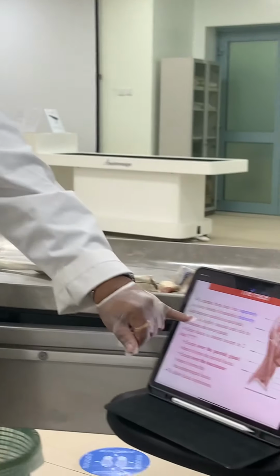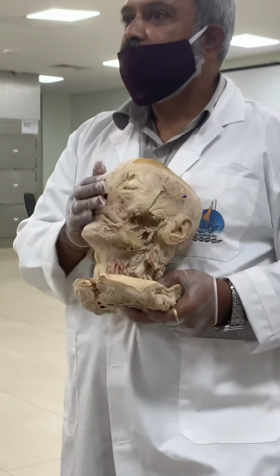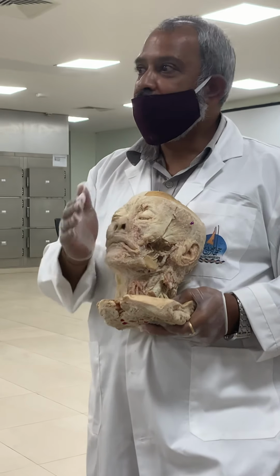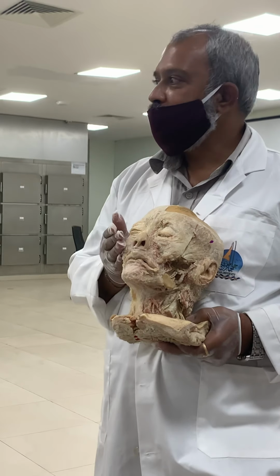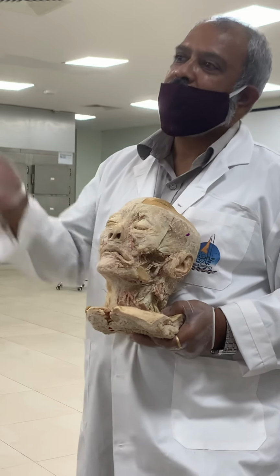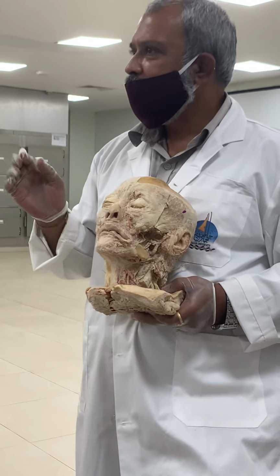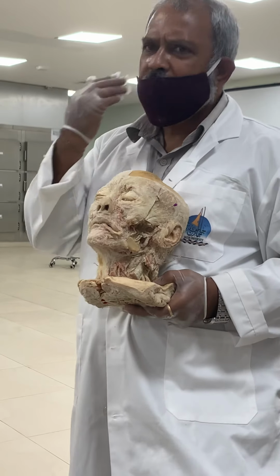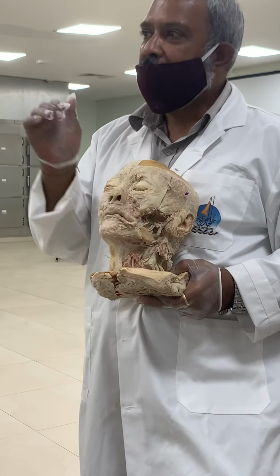Then the skin is highly vascular. The face has a very rich blood supply. So any superficial infection or cut in the face will leave no marks. If it is very deep, then you will get marks. Otherwise, a very small scratch in childhood, after some years there are no marks because of the very rich blood supply.